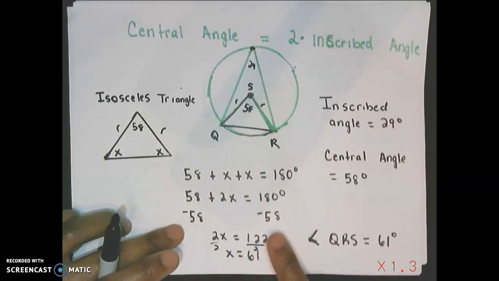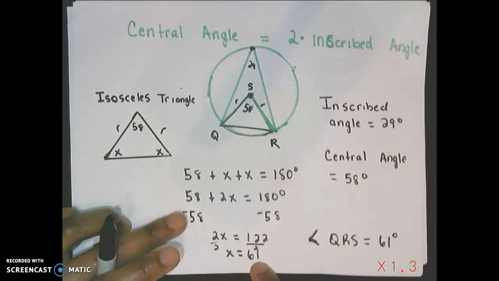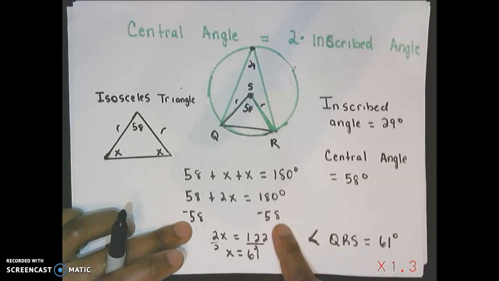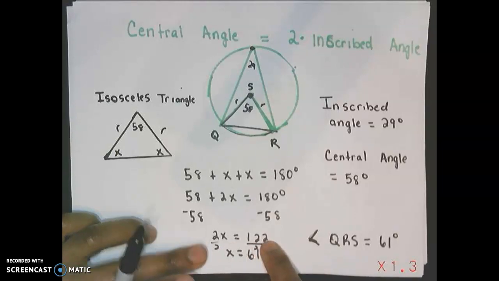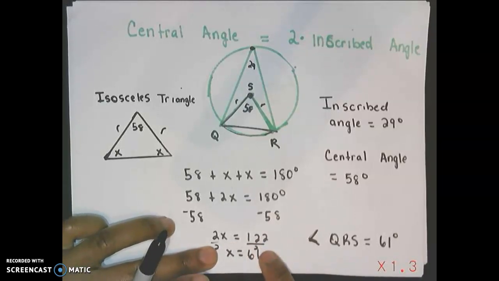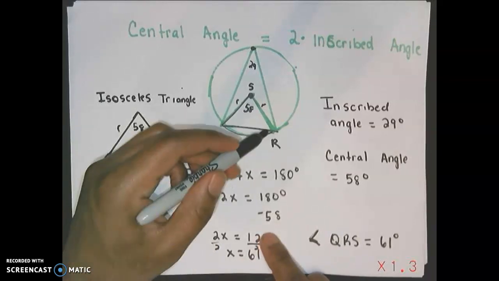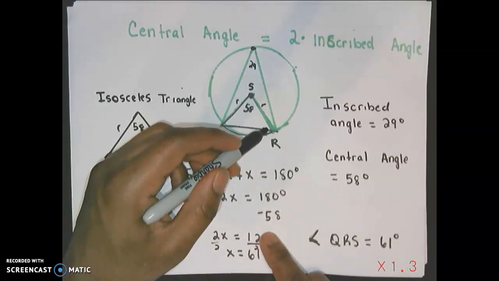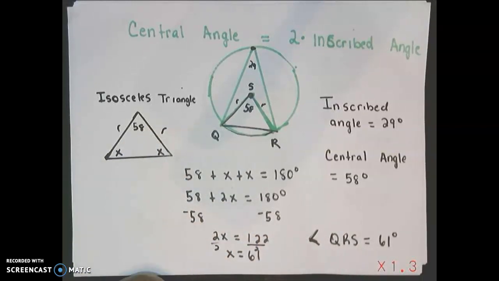The value of x is going to be 61 because you see here I subtract 58 from both sides, and that's going to give me 2x is equal to 22. Then when I divide both sides by 2, it's going to give me x is equal to 61. So this angle that we were looking for, QRS, is going to be equal to 61 degrees.